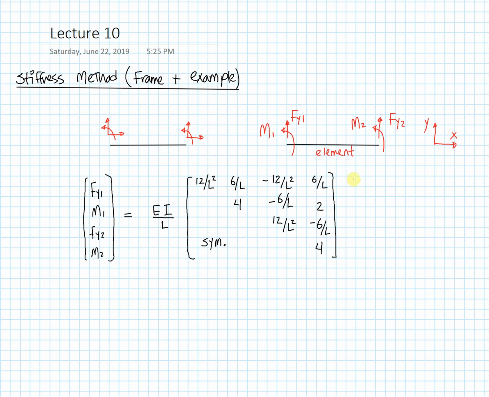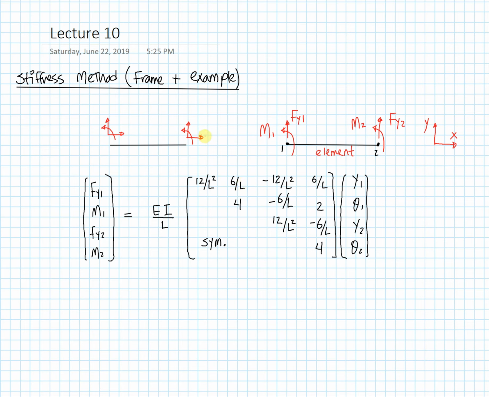And the deformations that we're going to look at are y1, the vertical component of node 1, theta 1, the rotational component of that node, y2 and theta 2. We close this vector. Here it is. So this is node 1 and node 2, and that's a frame element.